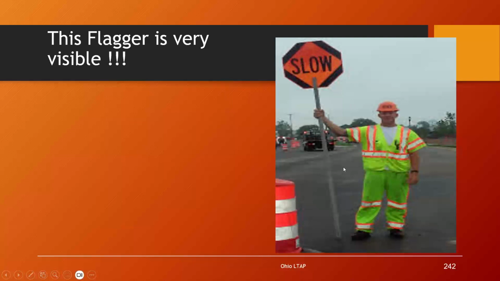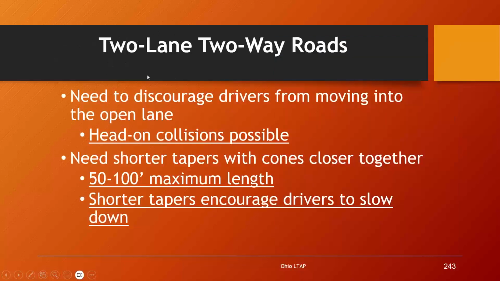This flagger is very visible. He's wearing an entire outfit that's made up of class 3. His vest and trousers are both class 3, so they're more retro-reflective. I think the difference is maybe the sleeves have the retro-reflectivity, and of course the pants have retro-reflectivity.